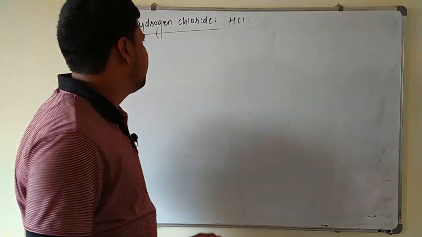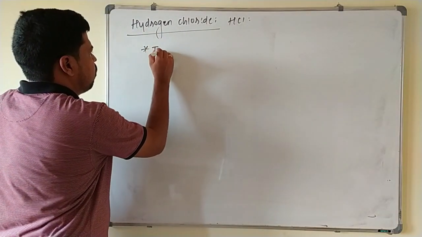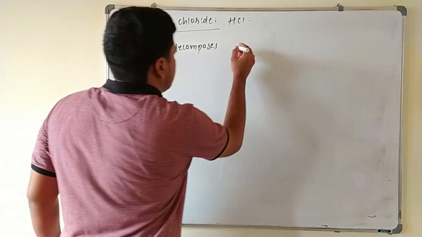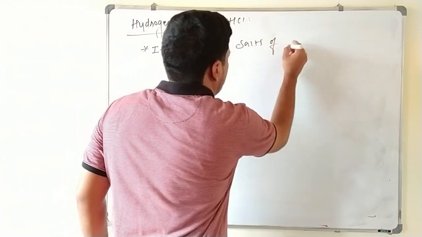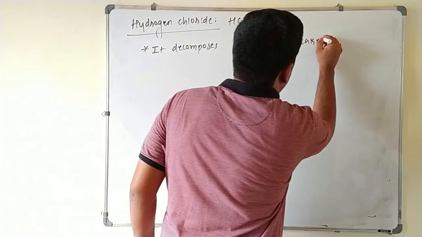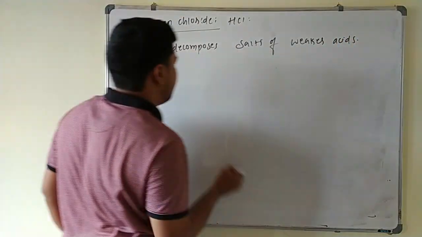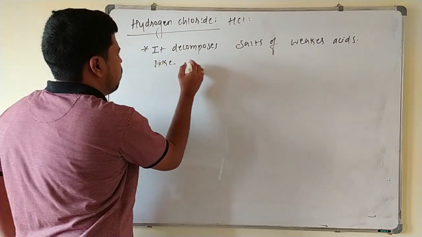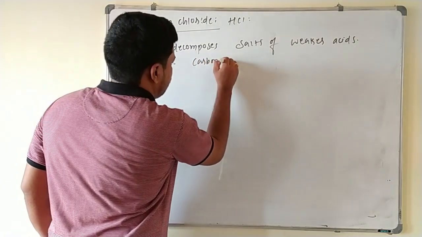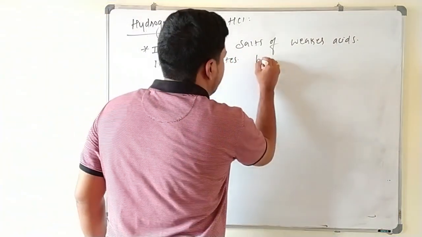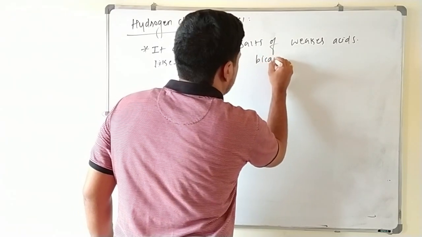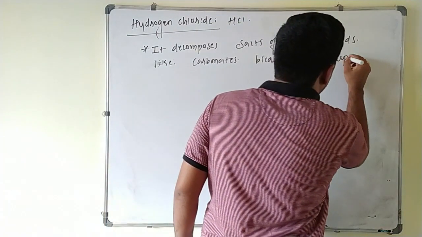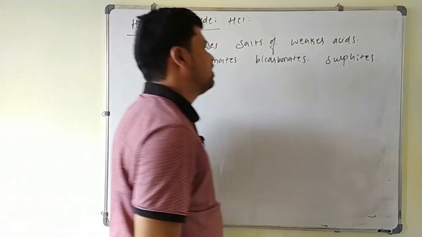So next point, it decomposes salts of weaker acids like carbonates, bicarbonates, and sulfides.